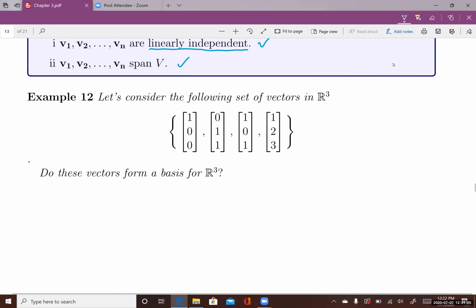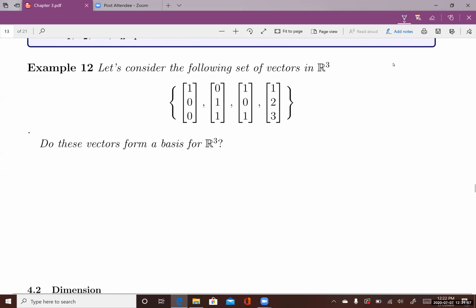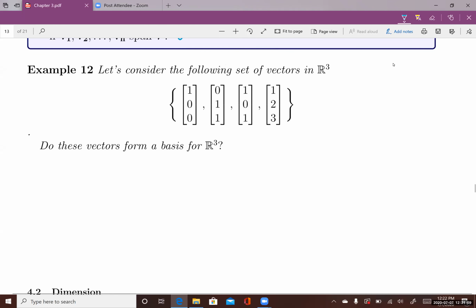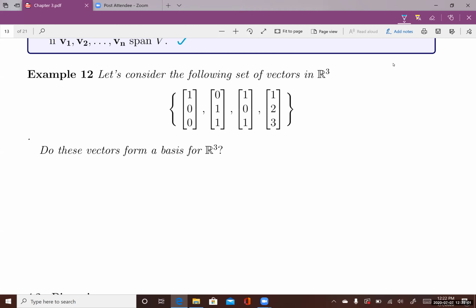Now let's consider this set of vectors in R3. The question is, does this set of vectors form a basis for R3? Well, let's find out if this set is independent, and if this set is a spanning set.